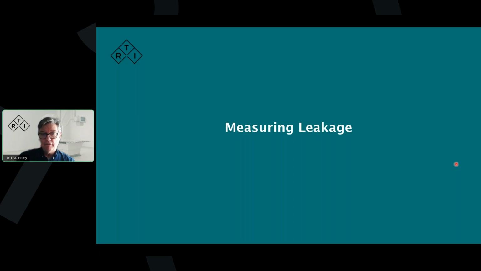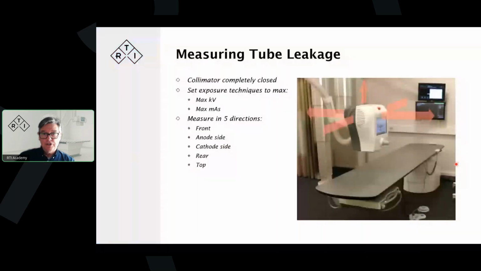Then measuring leakage, well, it's done with the collimator closed, and you put it to max kV or max mAs or whatever else setting you have recommended in the machine manual, and you measure in 5 directions: the top, and then anode, cathode, front, and rear. That's what we need to measure. Under the collimator, you never check because that's assumed to be pretty tight.